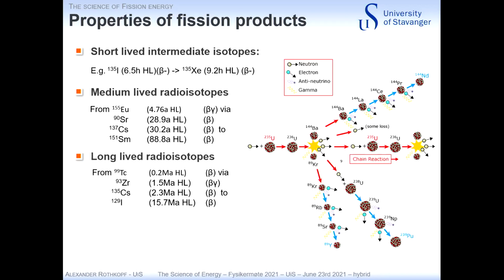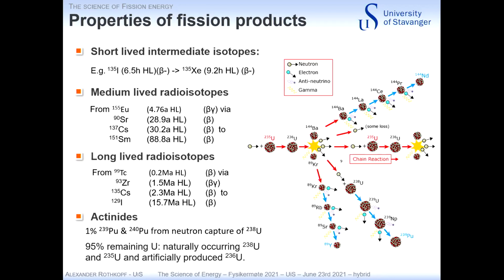Note that the longer the half-life, the slower the rate of decay. So the longer the half-life, the longer you have to watch this element, but the fewer decays of that happen in the time frame. Then obviously there are actinides around.